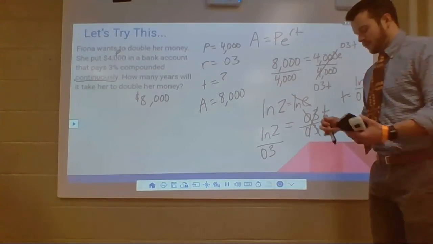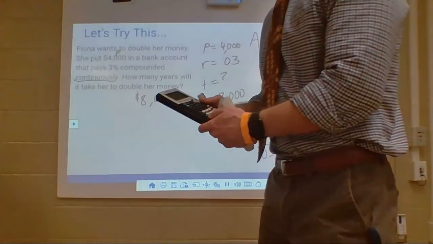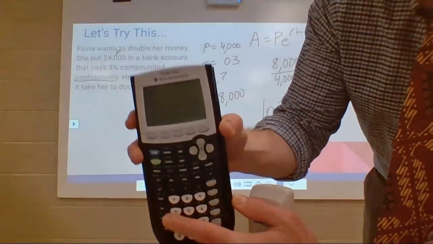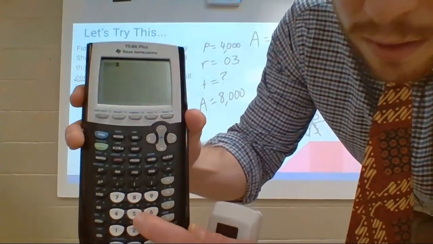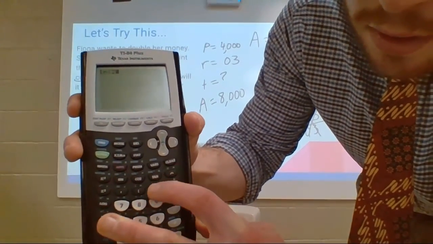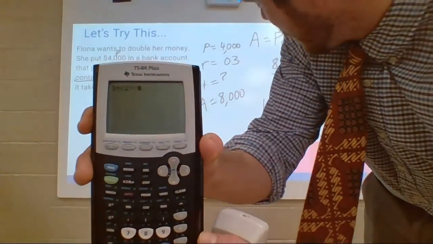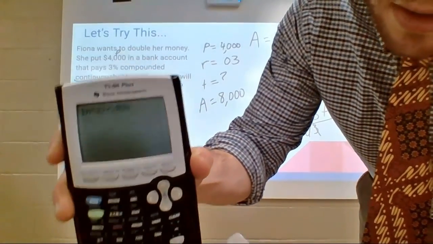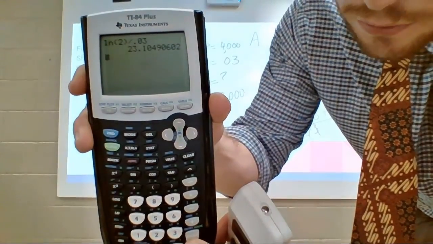I'll write the final answer over here. I'm going to put this in the calculator first, though. We'll say ln 2 divided by 0.03, equals.